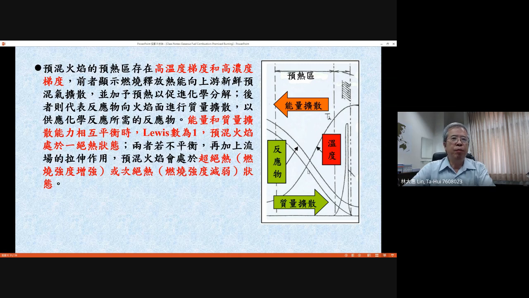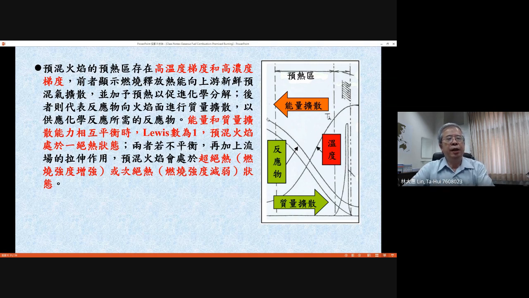If you have a temperature gradient and the thermal diffusivity, then you can estimate the heat diffusion strength from the flame to the upstream. Remember, the direction of heat diffusion in this premixed flame is from the high temperature side to the low temperature side, which means the direction of heat diffusion points to the upstream region. Okay, this is the so-called heat diffusion or thermal diffusion.